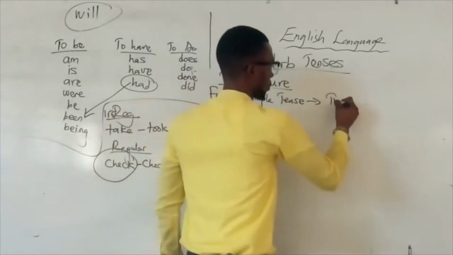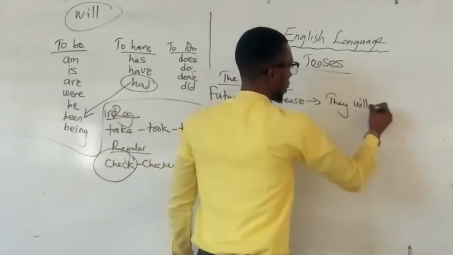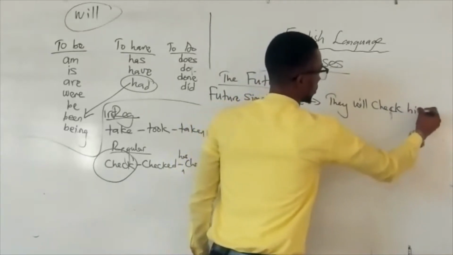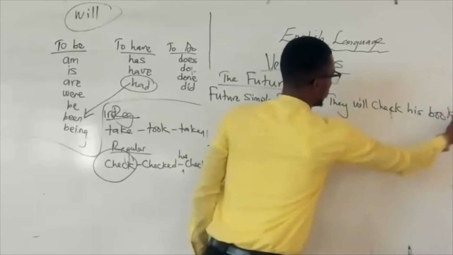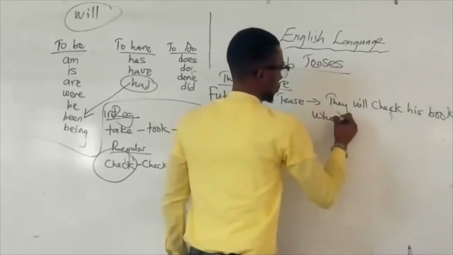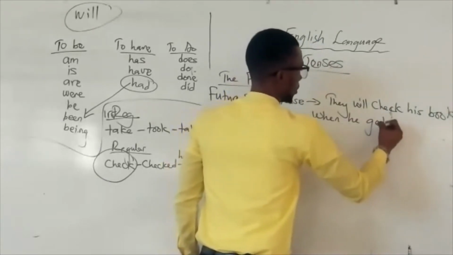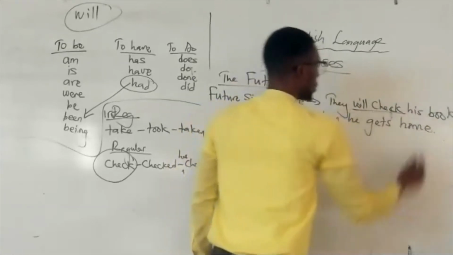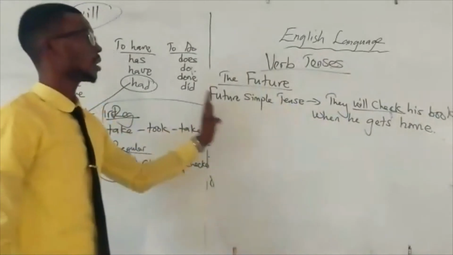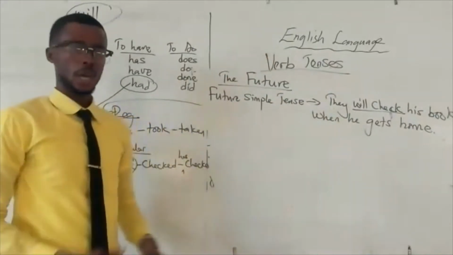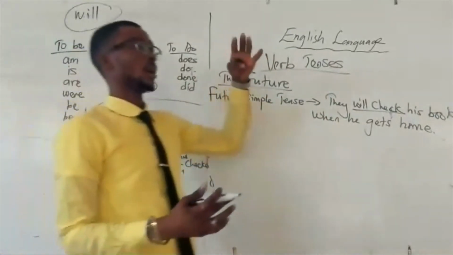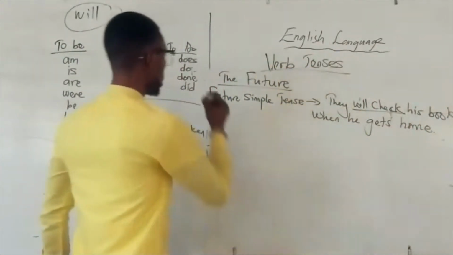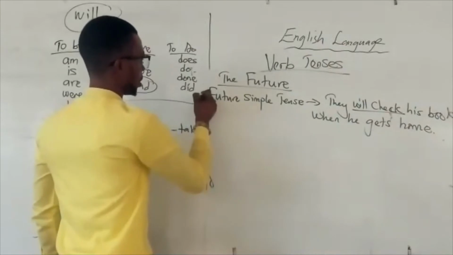They will check his book when he gets home. So the future simple is they will check his book. It talks about an action that is bound to take place sometime in the future. This is number 9.